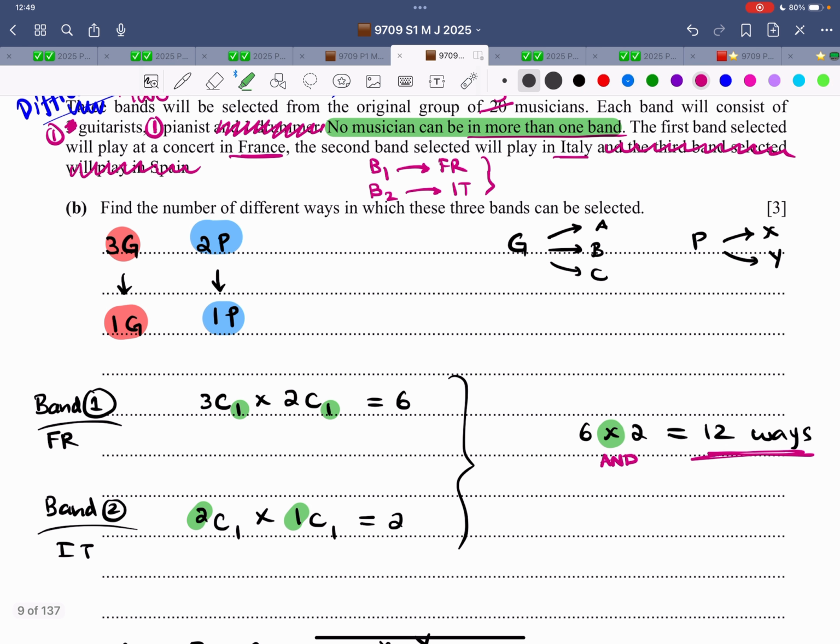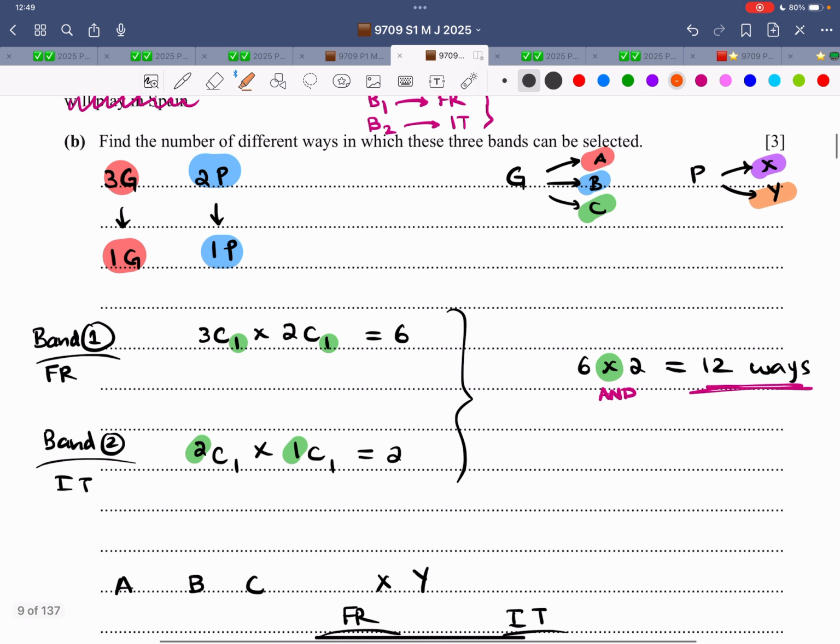Let's say there are 3 guitarists. So the guitarists are, let me choose this color, that is A, then there is guitarist B, then there is guitarist C, and then there are 2 pianists. One is X and the other one is Y. So now instead of this, I think I'll choose orange color like this. Okay. So now what are the different ways this thing could happen?